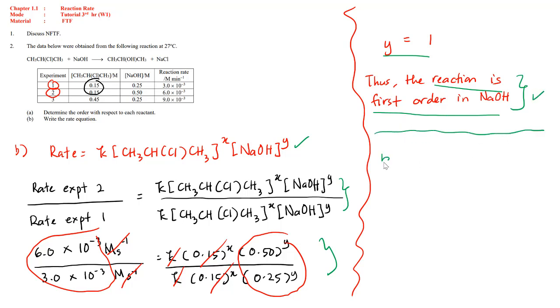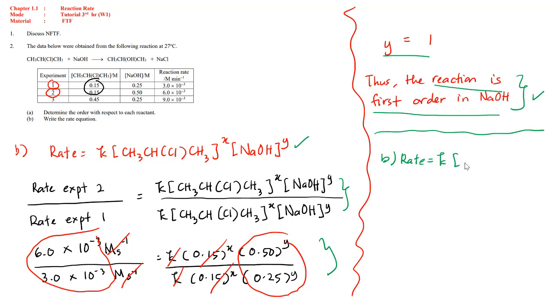Okay, so now question C. Write the rate equation. Since we have already determined the values of X and Y, where X and Y are the orders of the reaction, we have to write the original form because the question asks for it. Even if it doesn't ask, we have to write it.